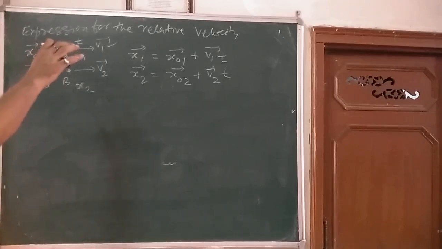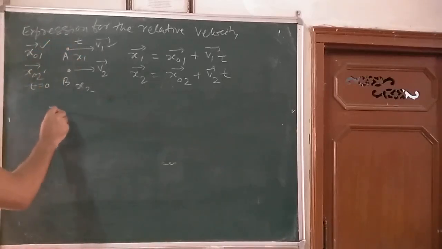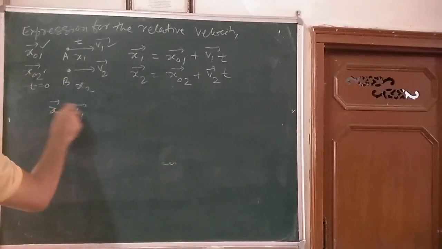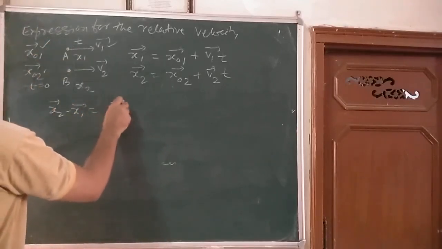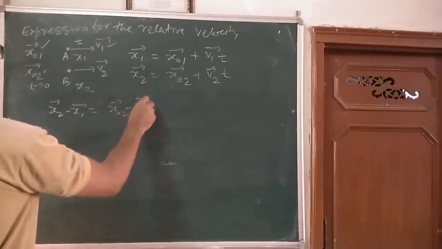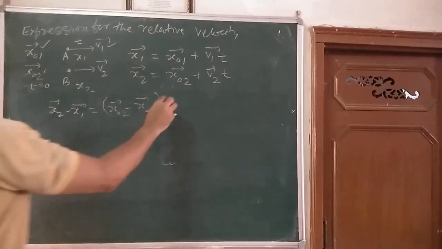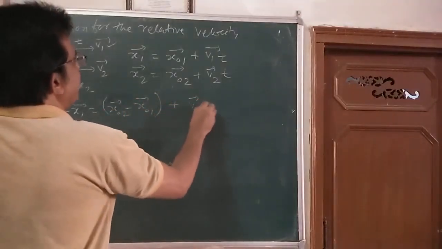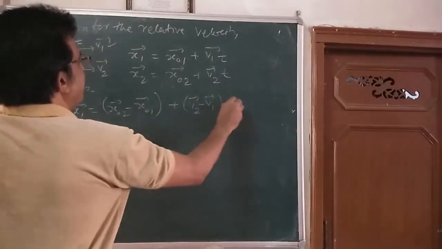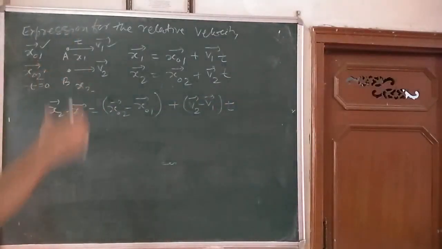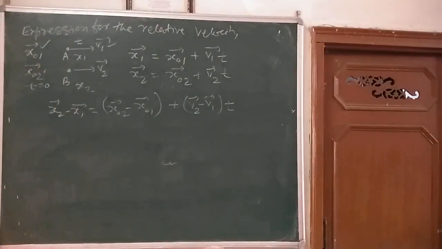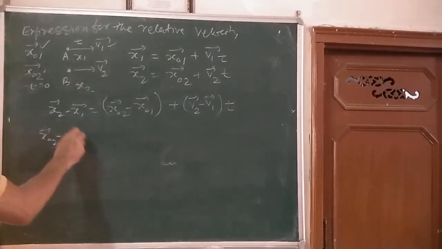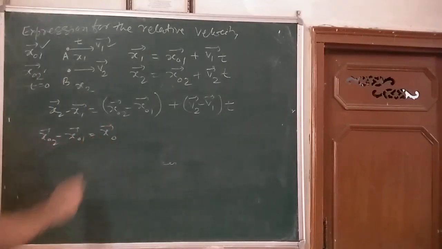So subtracting these two equations, x2 minus x1 is equal to x2 naught minus x1 naught plus v2 minus v1 into t. I have subtracted both the equations here. So x naught 2 minus x naught 1, which I have done, is called x naught.